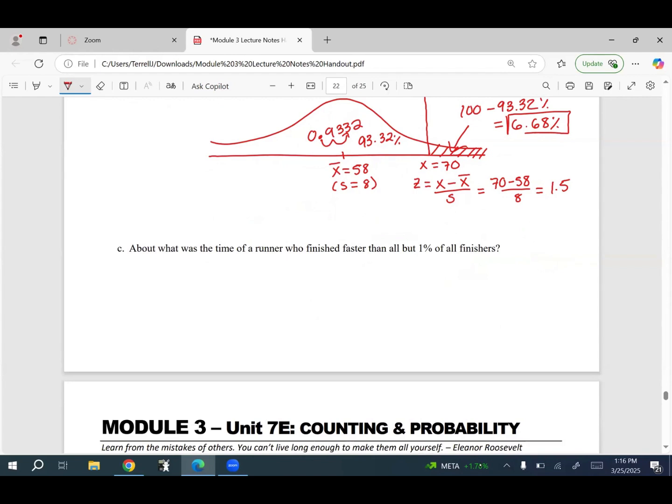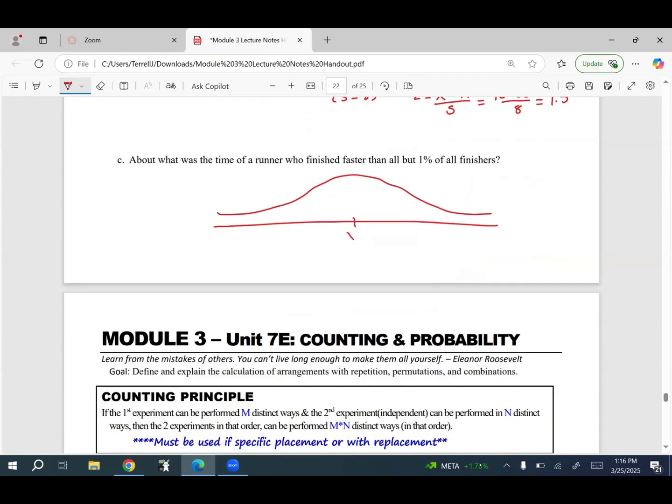About what was the time of a runner who finished faster than all but 1% of all finishers? So we're dealing with the same normal distribution. My mean is 58, and my standard deviation is 8.